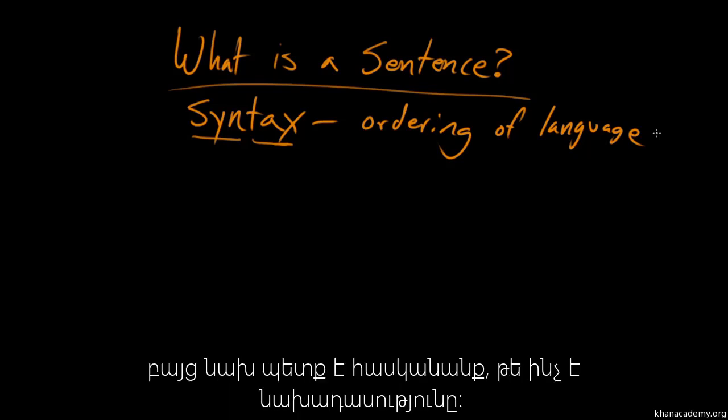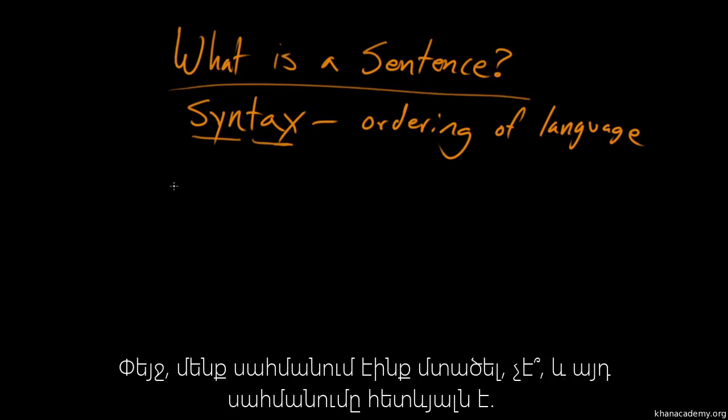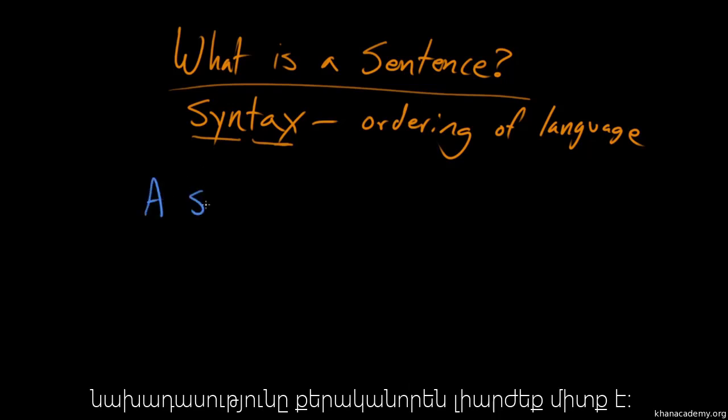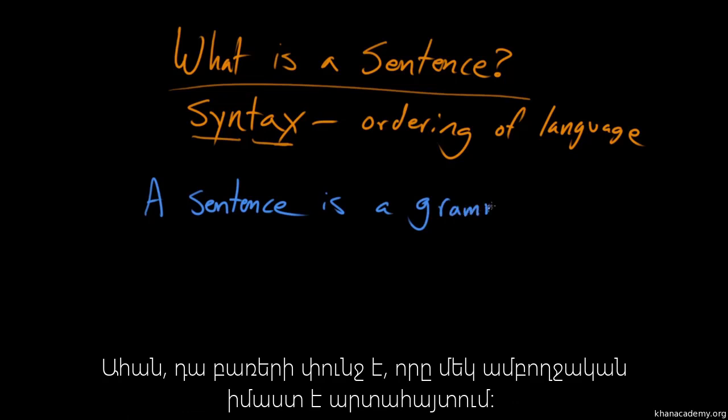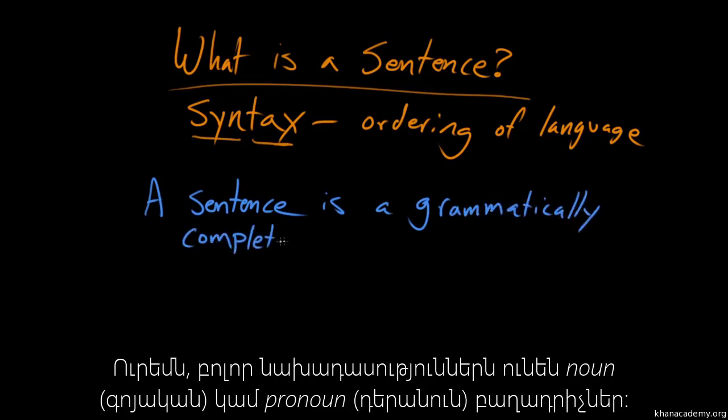But in order to do that, first of all, we have to figure out what a sentence actually is. So the definition that you and I came up with, Paige, is that a sentence is a grammatically complete idea. It's a bunch of words that say one complete thing. So all sentences have a noun or pronoun component, right?